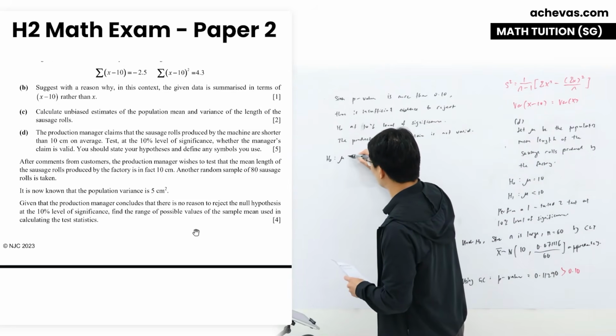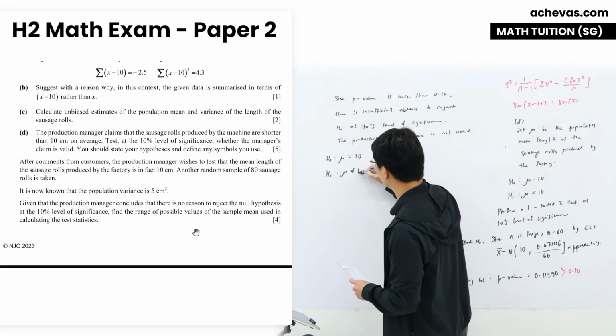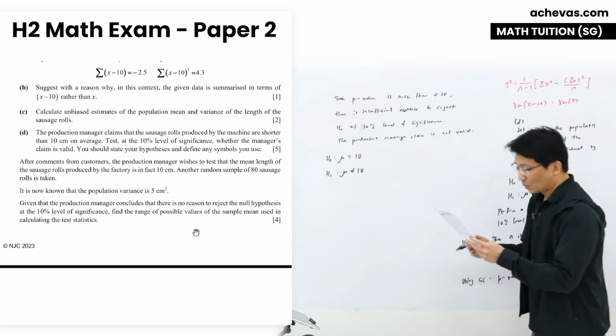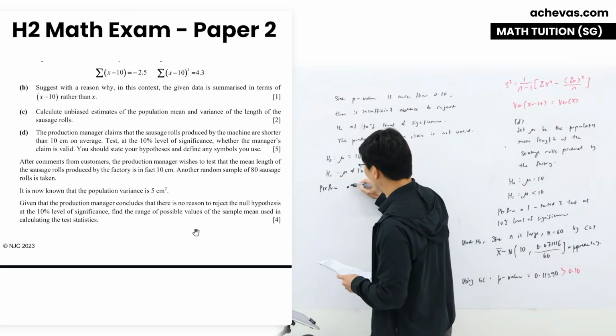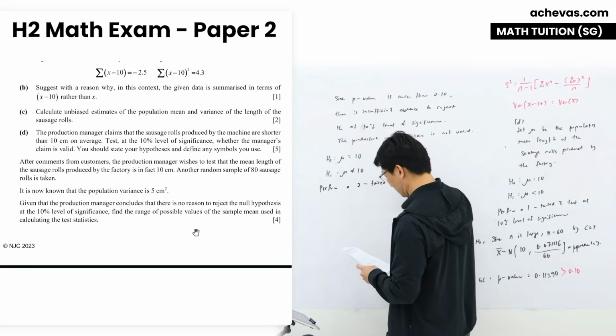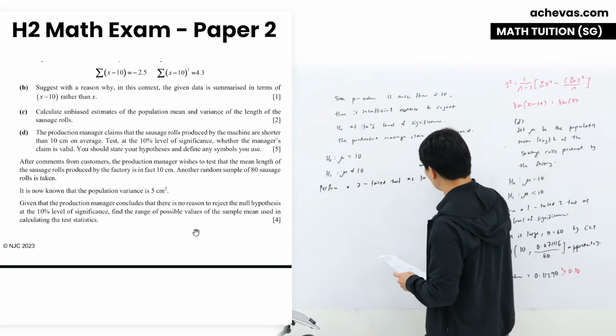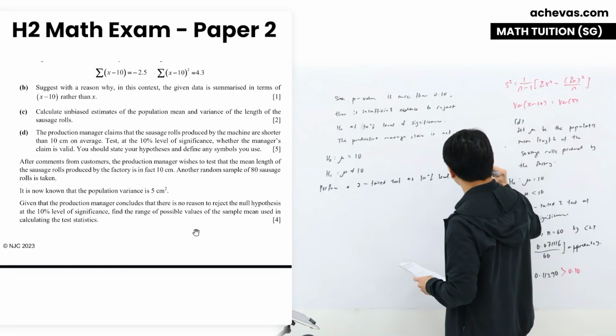H0 will be mu equals 10, and our H1 in this case is mu not equal to 10. I'm going to perform a two-tail test at 10% level of significance.